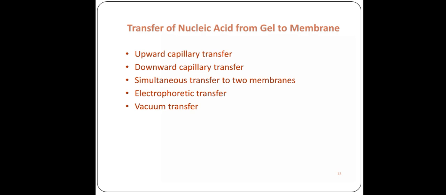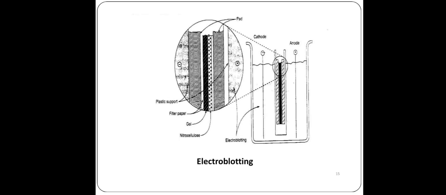Transfer of nucleic acid from gel to the membrane can be done by upward capillary transfer, downward capillary transfer, simultaneous transfer to two membranes, electrophoretic transfer, and lastly vacuum transfer. You can see here the blotting process in a solution containing the anode and the cathode.